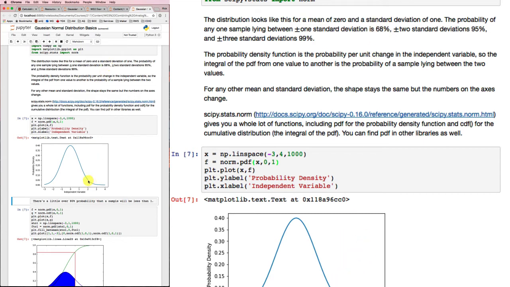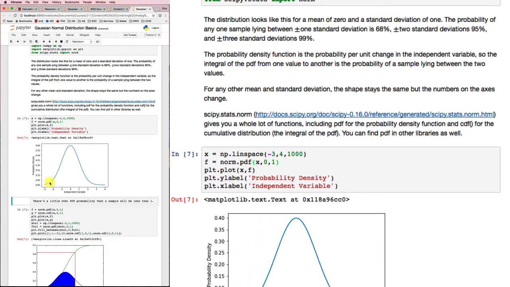Plus or minus 2 standard deviations, out to here at 2 and out to here at -2, that area accounts for 95% of the probability. And 3 standard deviations, out to here and out to here, covers 99% of the probability. So those are some important numbers to keep in mind: about 2/3, 95%, and 99%.